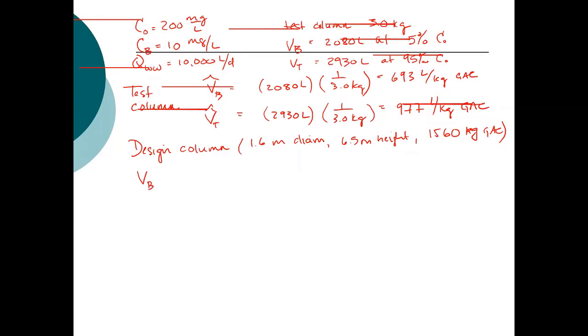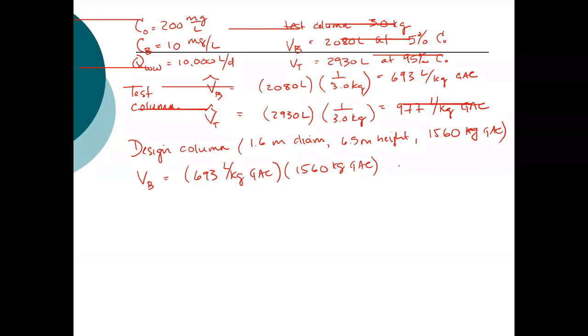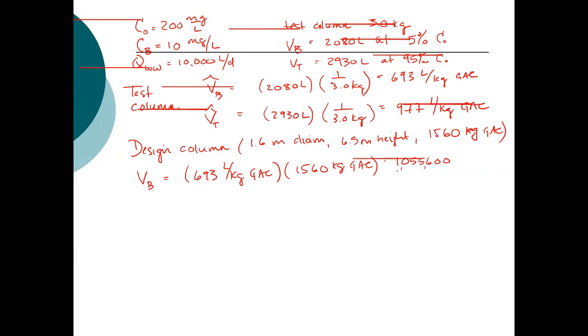So here, V sub B is equal to the 693 liters per kilogram of GAC times the mass of GAC we have in our design column, and that is equal to 1,056,000 liters, or 1,056 meters cubed. So this is the amount of water treated to breakthrough.